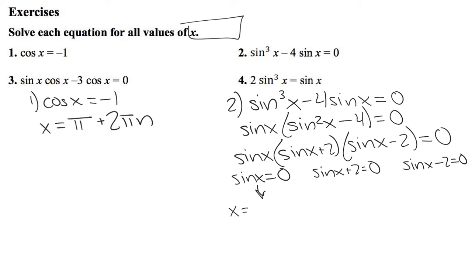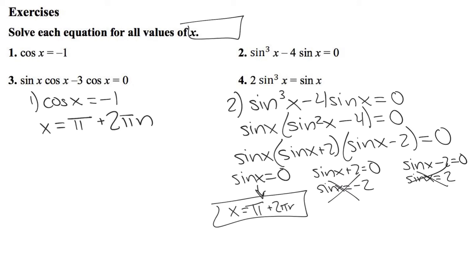So x equals pi, and then I need to include 2 pi n, all my rotations around. Then as sine x equals -2, well, that's impossible. It's outside of the -1 to 1, which means that sine x equals 2 is also impossible and outside. Therefore, that is my only answer.